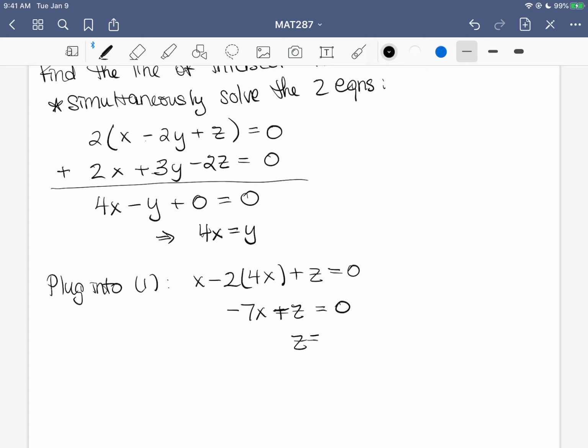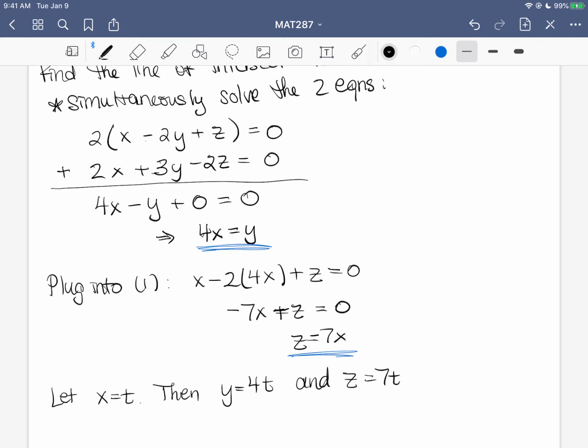So z equals 7x. And now I've written z in terms of x and y in terms of x. So let's let x be t. And then that means that y is equal to 4t and z is equal to 7t.